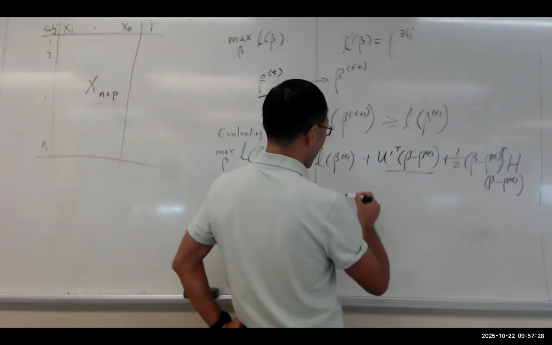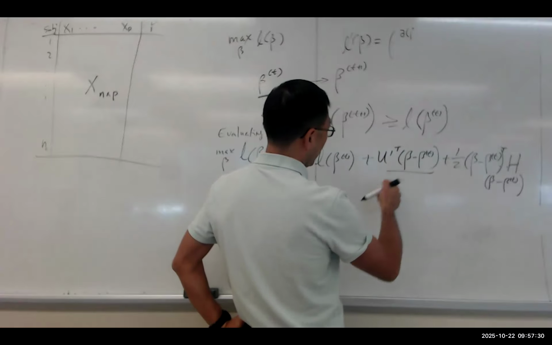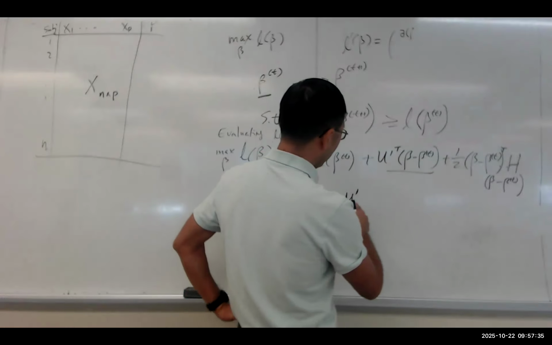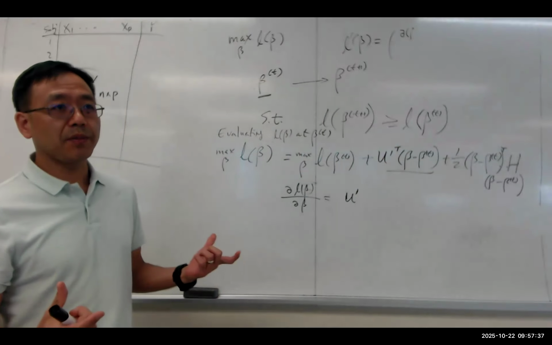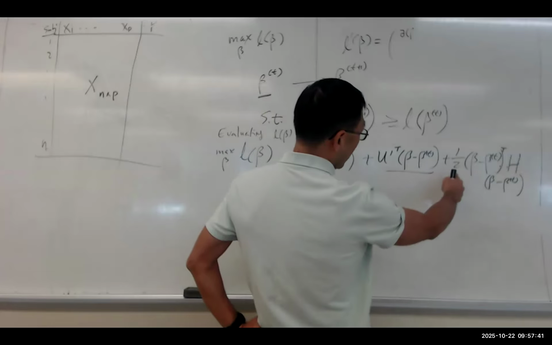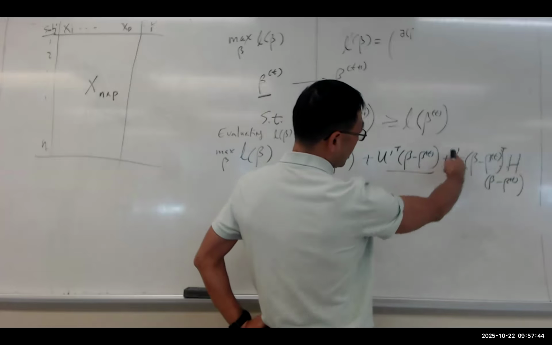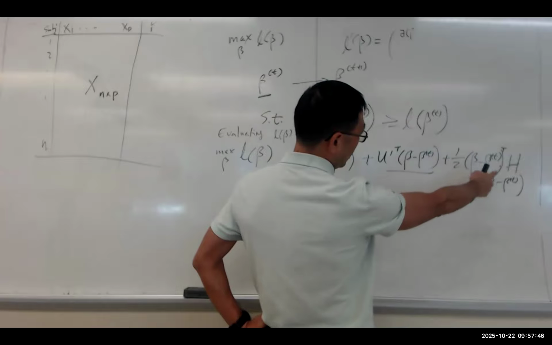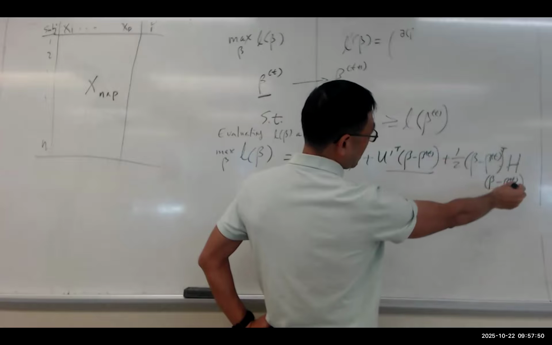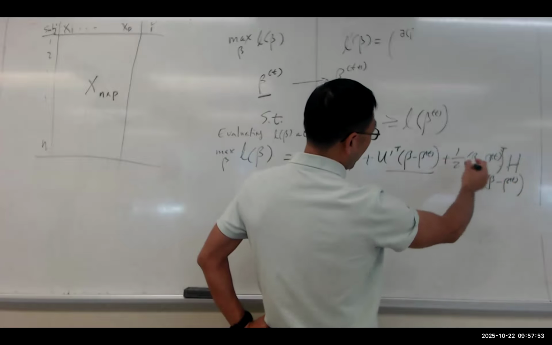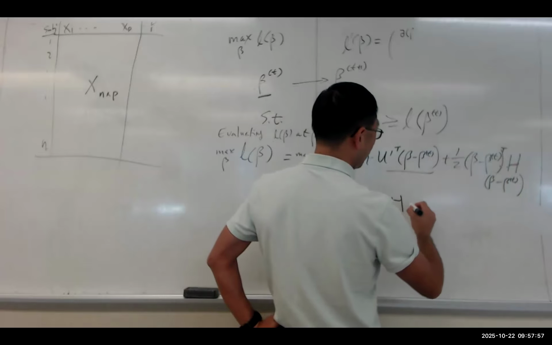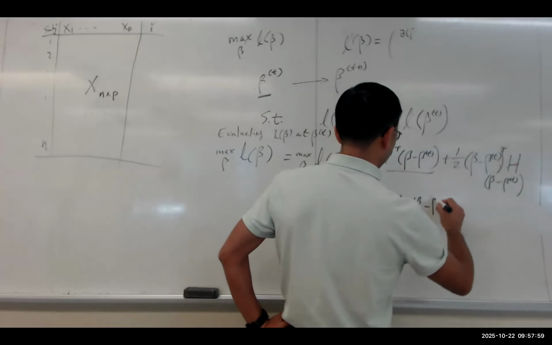Over here, what you have is just U prime, the first order derivative. Now on the second term, taking the derivative with respect to beta, the 2 and the half cancel out. So what you have is basically H times beta minus beta t.